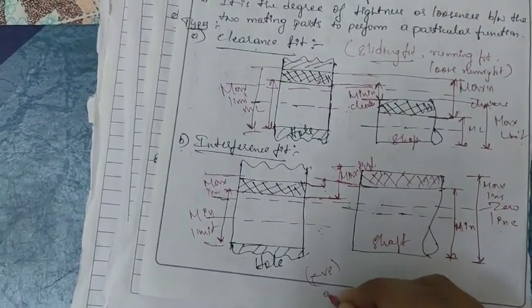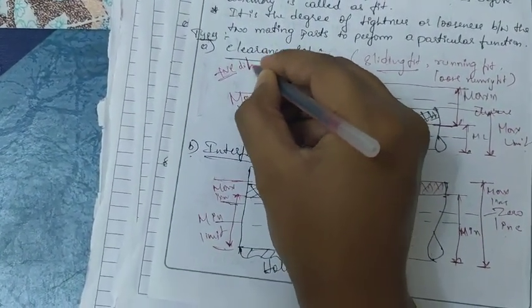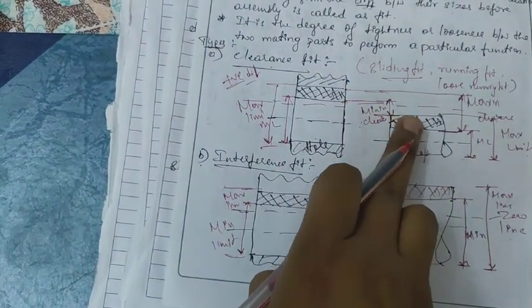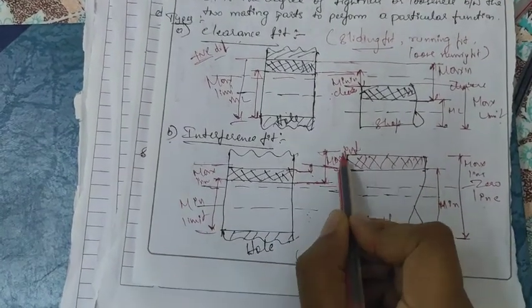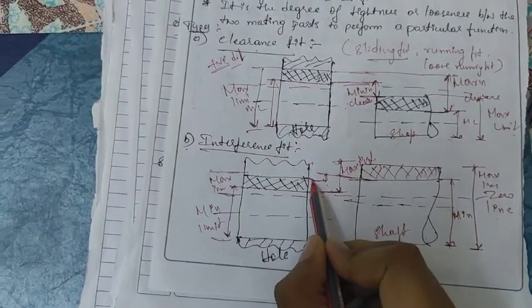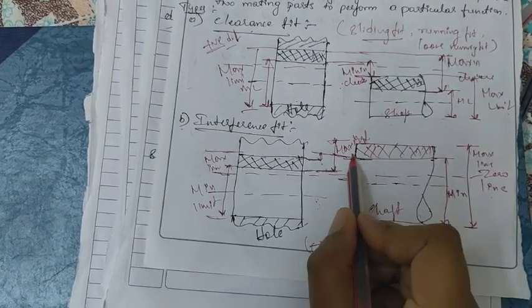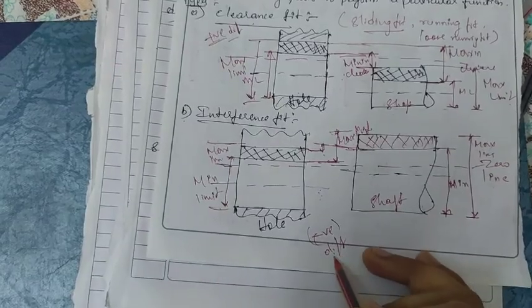So the definition is a positive difference between maximum with the minimum and minimum with the maximum. Same here, the minimum with the maximum limit of the shaft and the maximum of the hole and minimum of the shaft, this is the minimum interference and the maximum interference with respect to the negative difference. This is related to the interference fit.